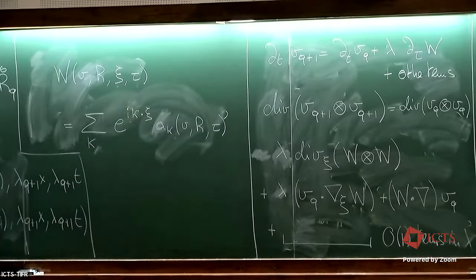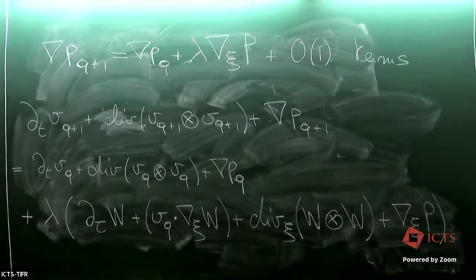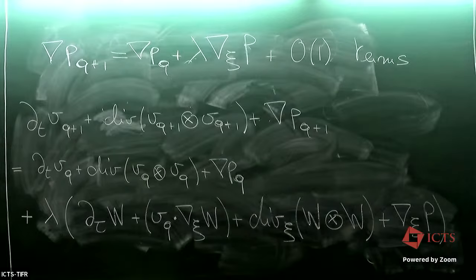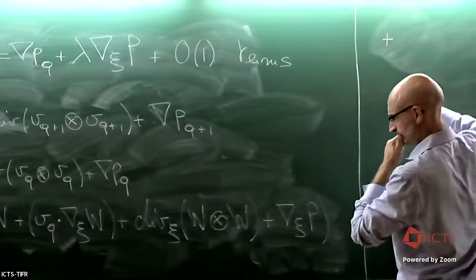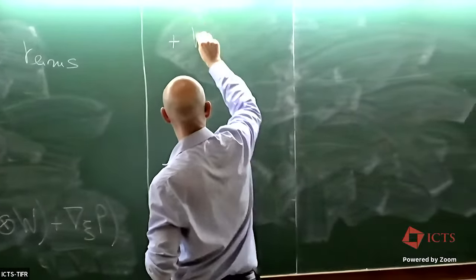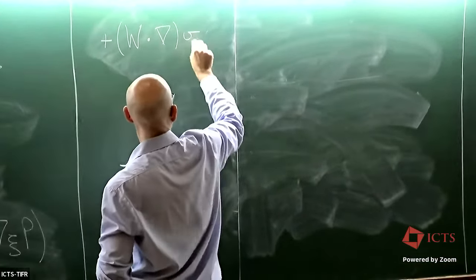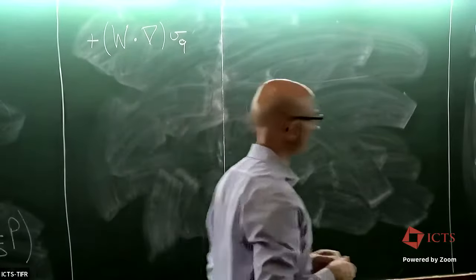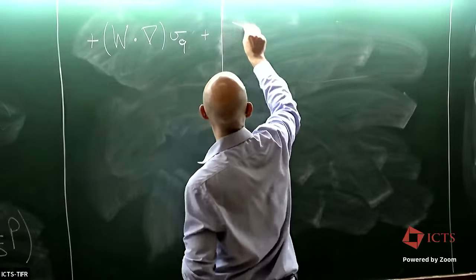Okay? So now it's time actually to write them a little bit better. They're going to look like this in my Fourier expansion. So there is this, it's going to be W dot grad v_q. Now let me write what the other guys are. If I write the Fourier expansion, they are going to look like this.